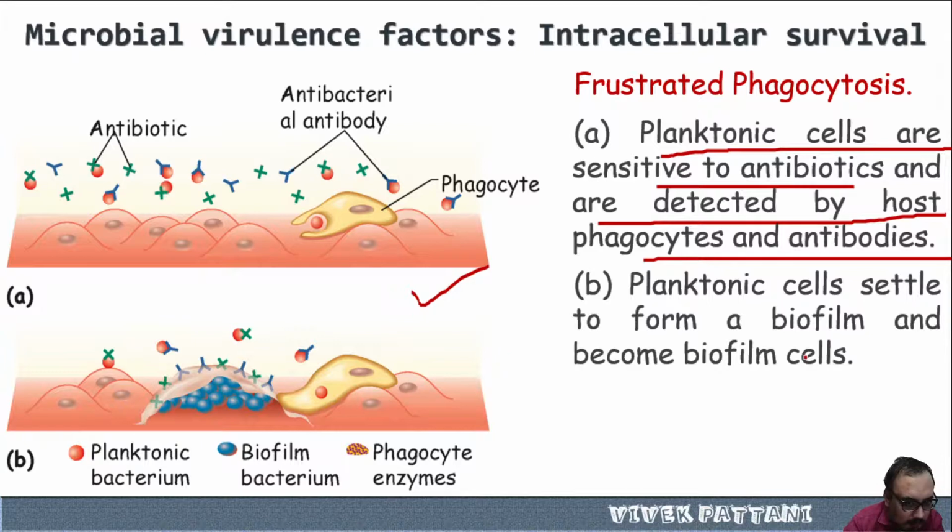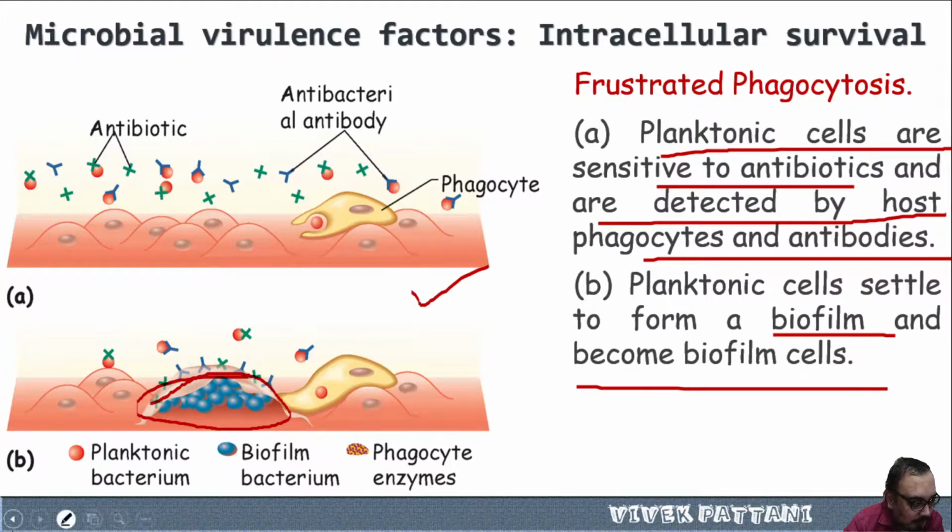Now in the second one, the planktonic cells settle down to form a biofilm and become biofilm cells, as given here. This is a biofilm which is formed, and at the same time a planktonic bacterium has also been taken up by the phagocyte.